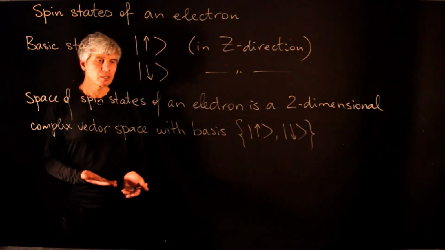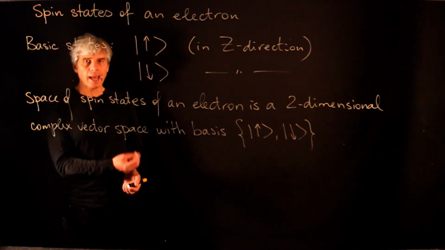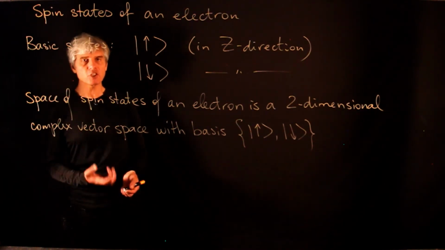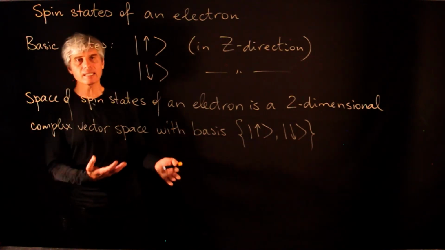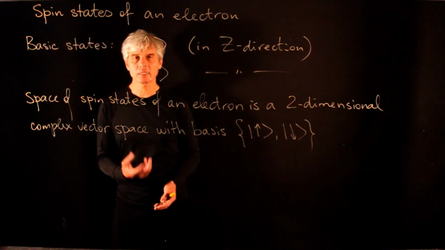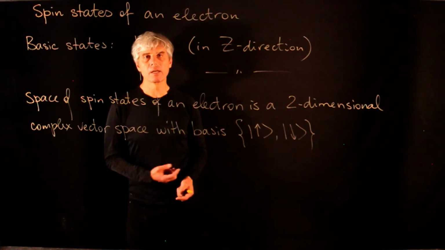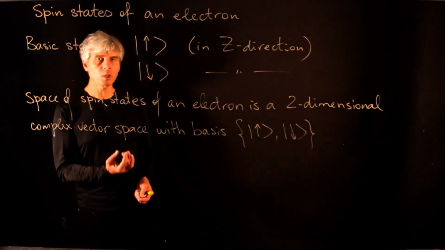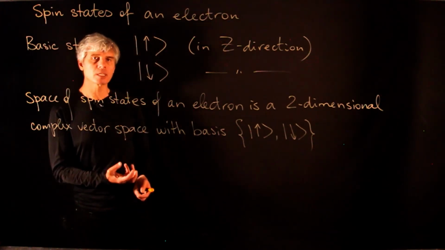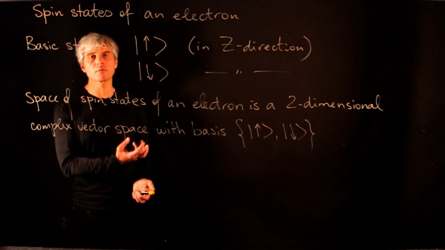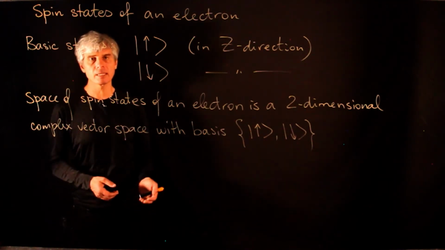But if every atom in this matter has an unmatched electron, then by placing this piece of matter in a magnetic field, you can make all unmatched electrons align their spins in the direction of the ambient magnetic field.